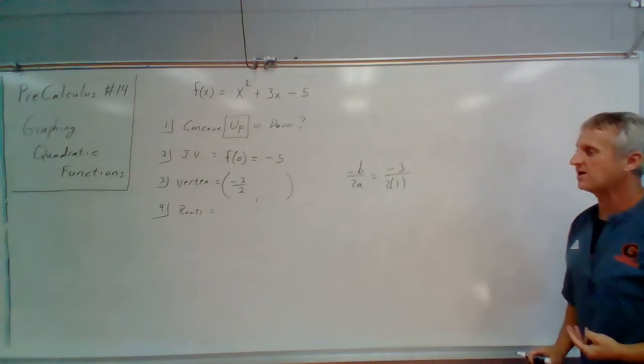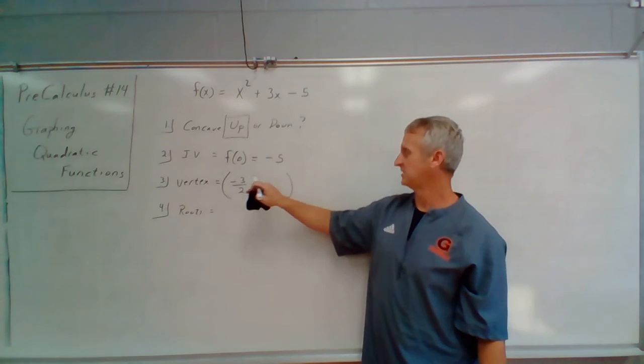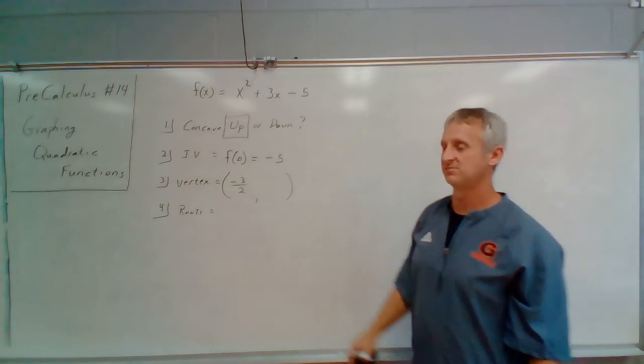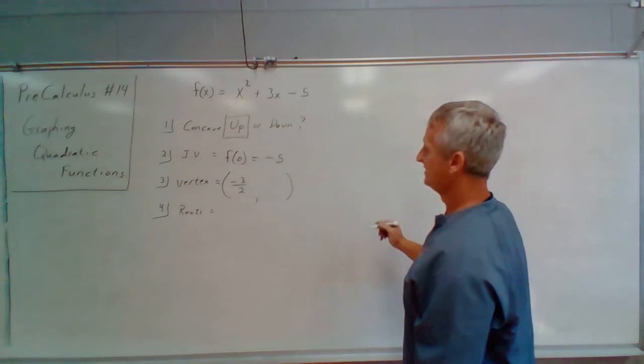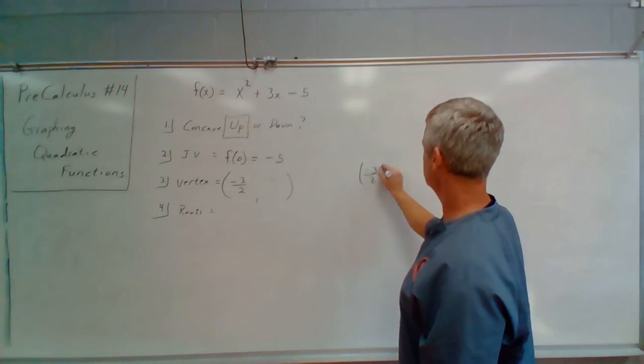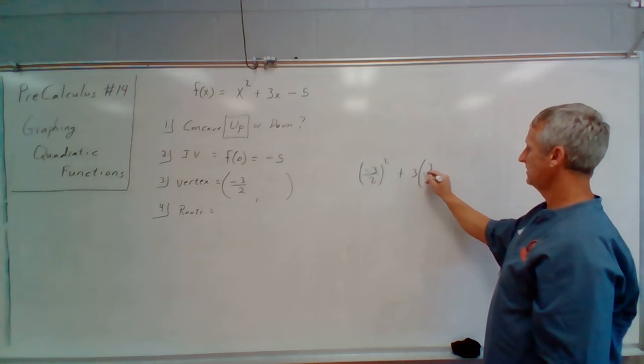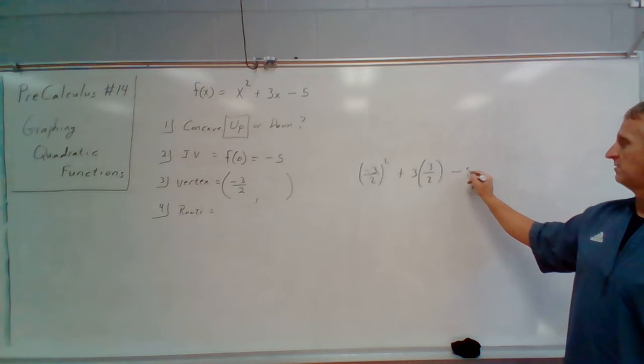How do I find the y-coordinate of the vertex? Well, if I know the x, then it's easy to find the y. Just plug the x value in for x. So f of negative 3 over 2 would be negative 3 over 2 squared plus 3 times 3 over 2 minus 5.